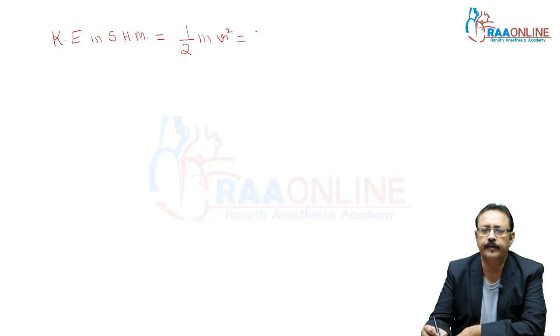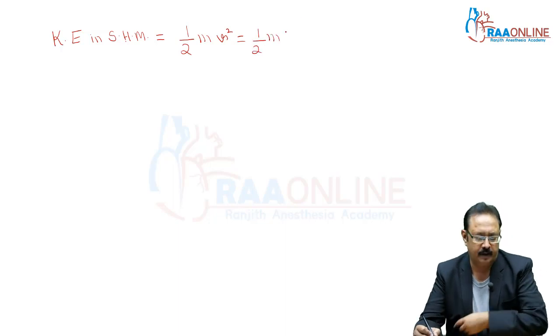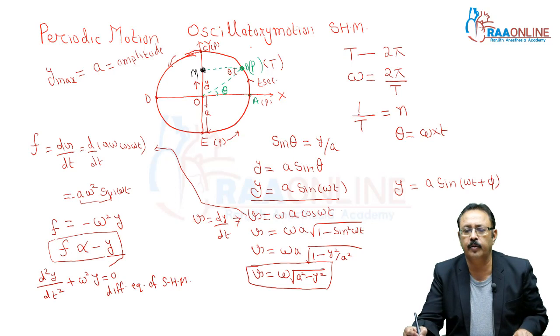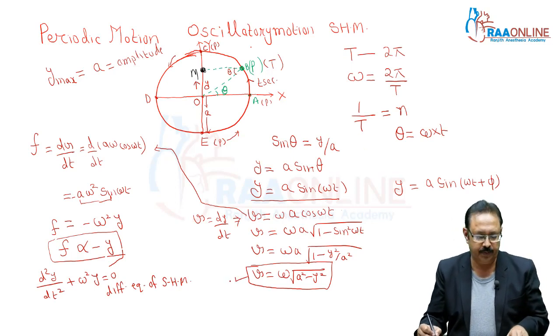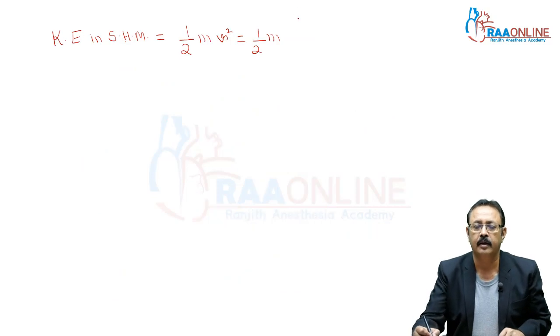We know the value of v, which is omega under root A square minus y square. We are using this value. So v square means omega square into A square minus y square.